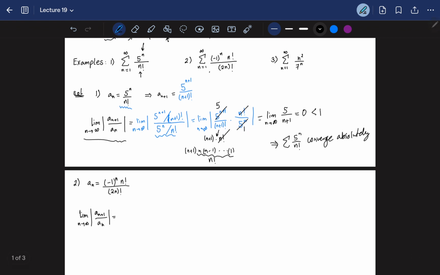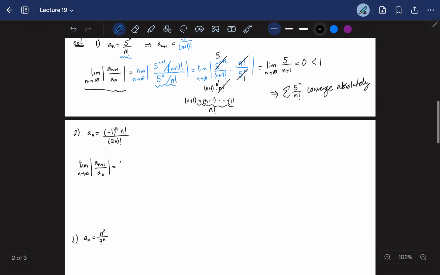So my a_n is everything that's inside, and now let's divide. I'm just going to substitute n plus 1 instead of n, and then I'm going to use the keep change flip rule. So we're going to multiply by the reciprocal.